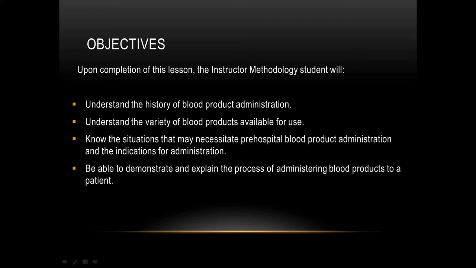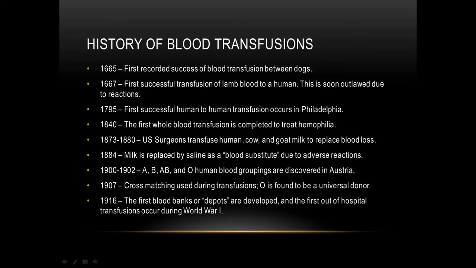And then lastly, we're going to end with my skills demonstration video talking about the process of administering blood, the equipment that we would need, and the step-by-step process of administering that product. Okay? So without further ado, we'll jump right into it here.